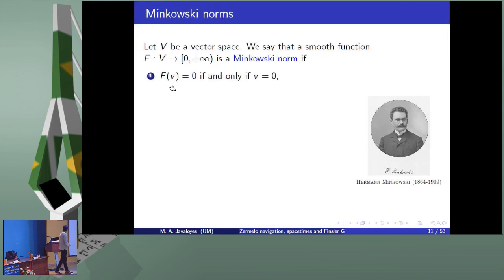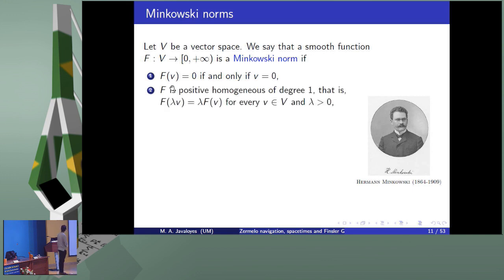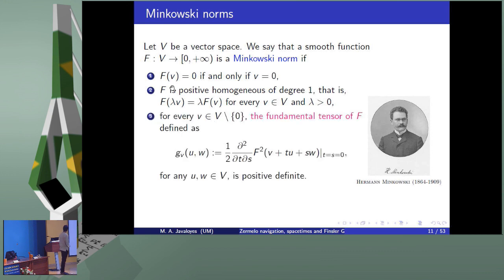Now I'm going to introduce Minkowski norms. This is the central concept in Finsler geometry, and it's going to be very similar to the norm in analysis. The first condition is the same as in the norm of analysis. The second condition is positive homogeneity. The only thing is that I don't ask that f of minus v is equal to f of v. We have some freedom.